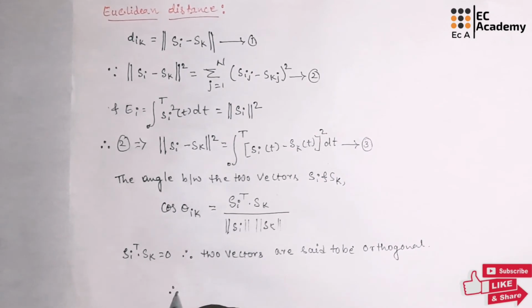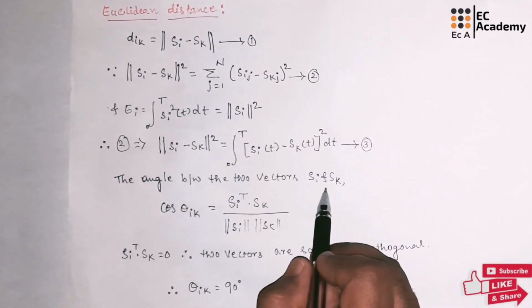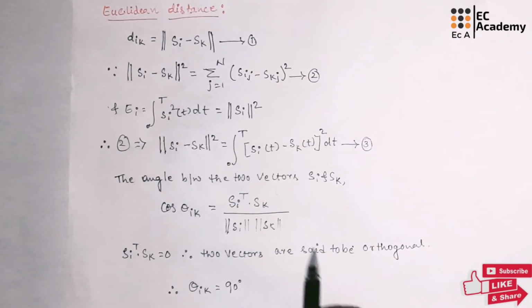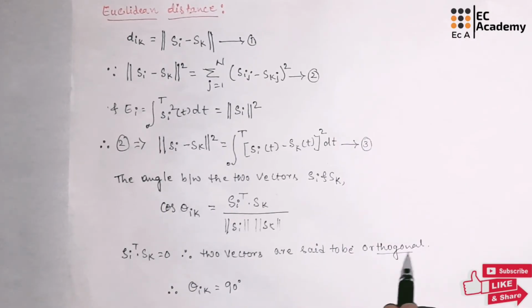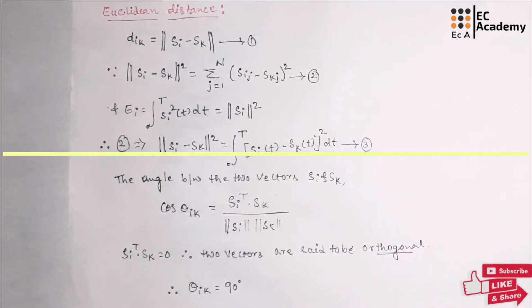In that case, we will get theta ik is equal to 90 degrees. So the angle between the two vectors will be 90 degrees if these two vectors are orthogonal to each other.